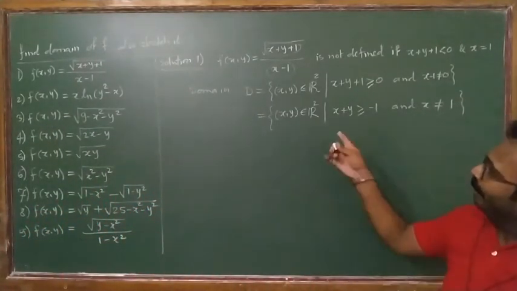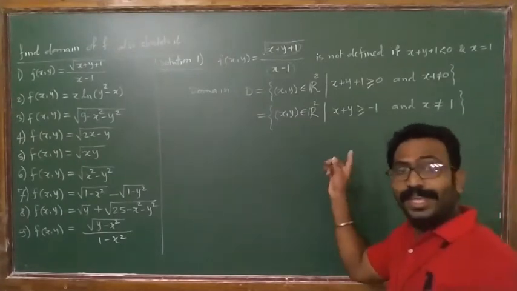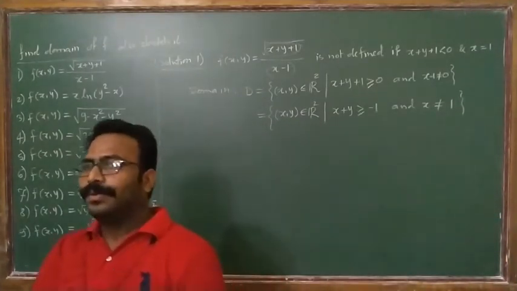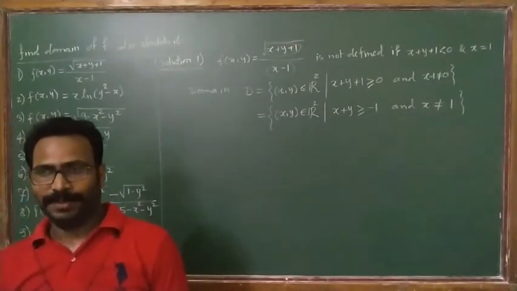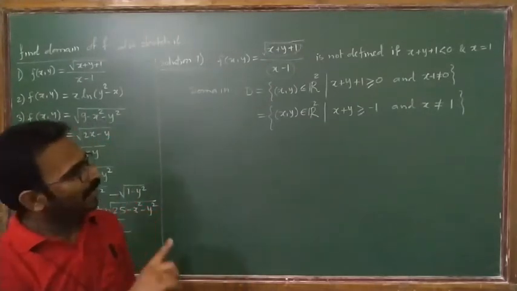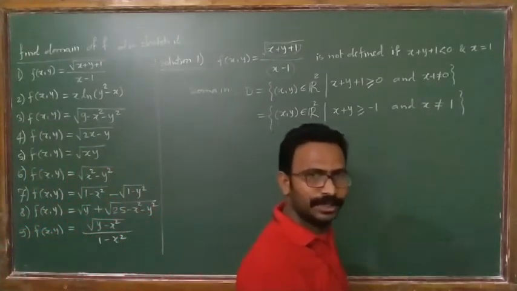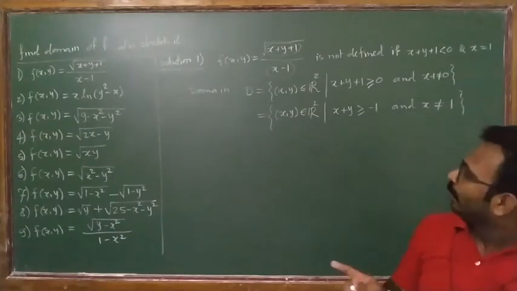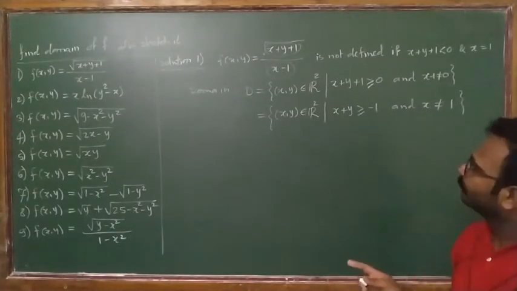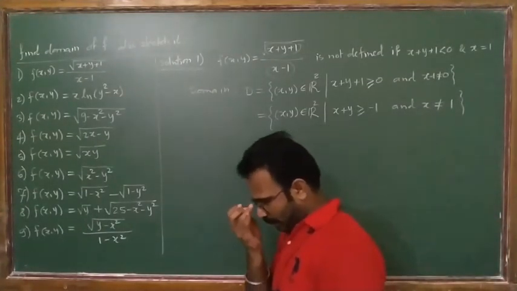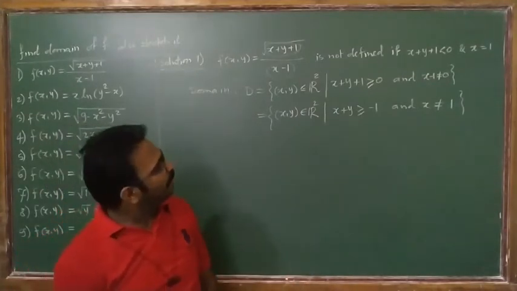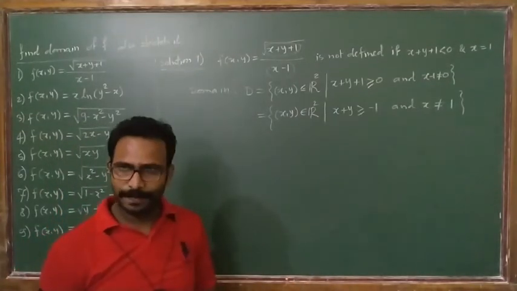So if we consider this set, every element of this set will have an image in the codomain, because every time we will get a unique output in the codomain. So how can we sketch this domain D?